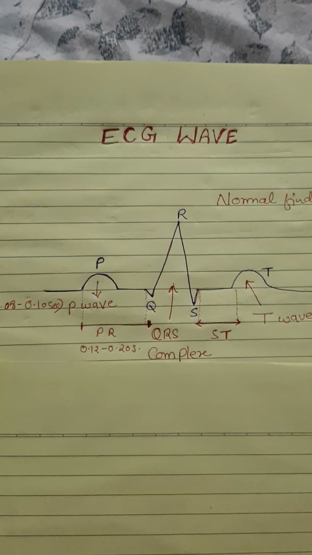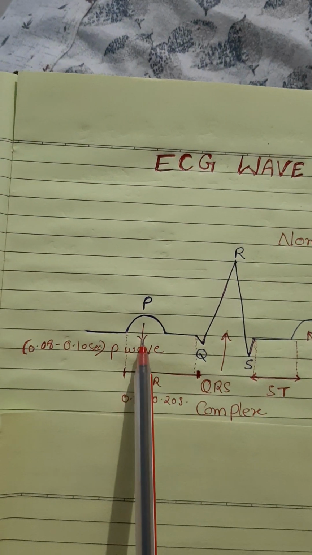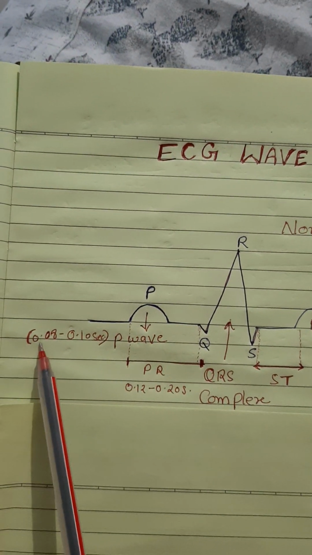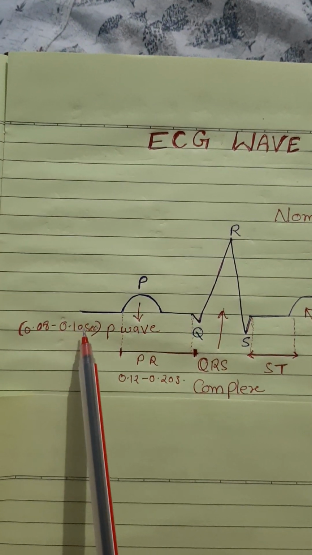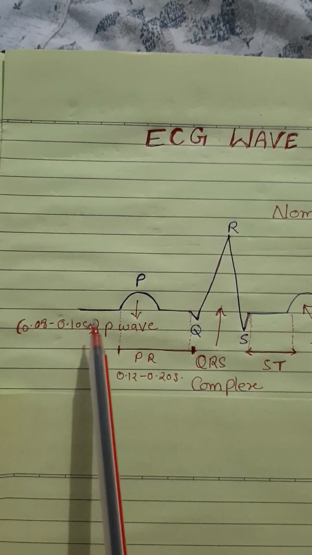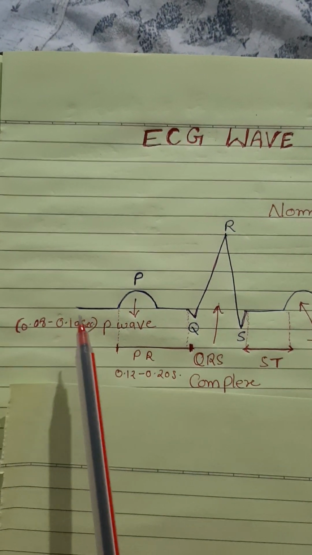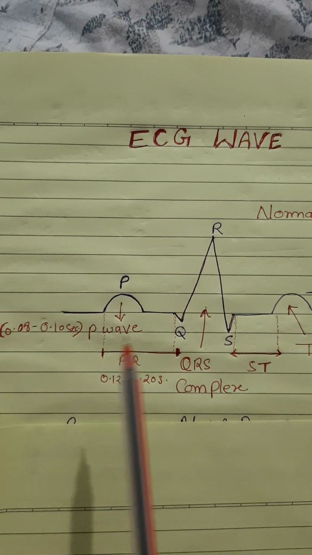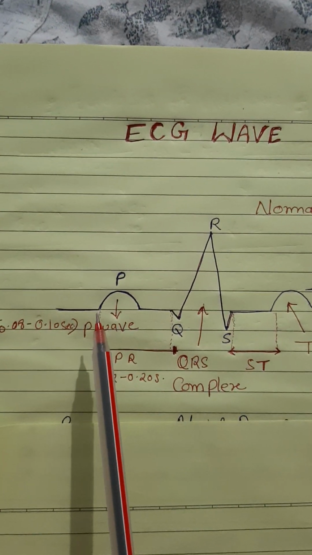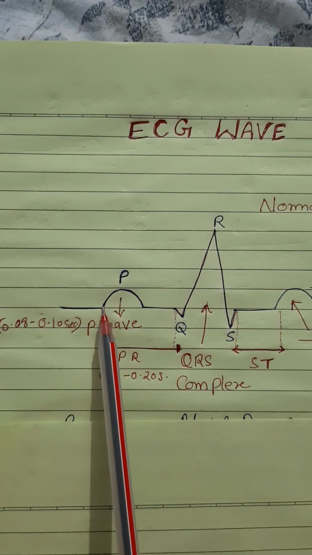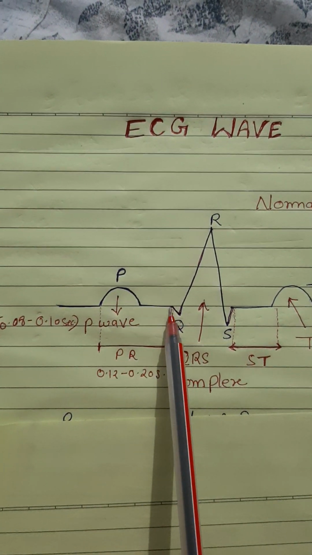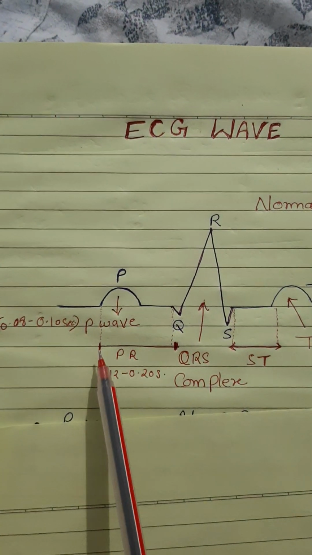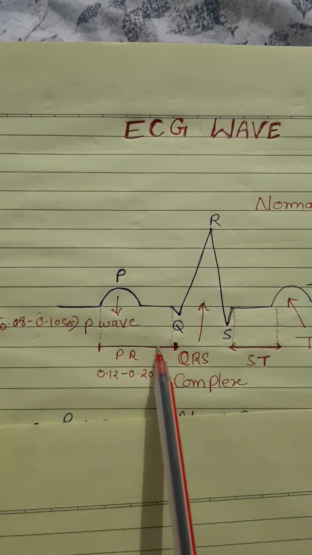Here we can see the P wave, its duration is 0.08 to 0.10 second. And if you are finding some interval, like this, from the onset of the P wave till the onset of the QRS complex, this is the PR interval.